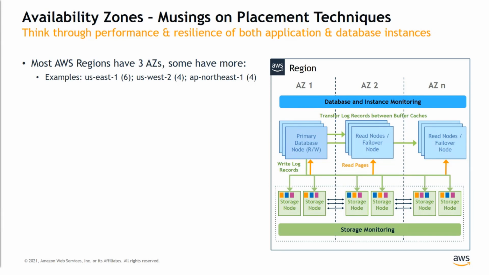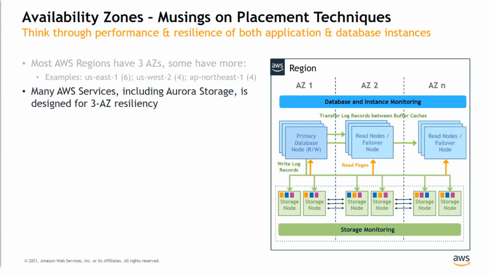We'll probably see over time more regions expanding capacity and having more availability zones. But if you think about AWS services and resiliency, many of them are designed for 3AZ resiliency. So think about Aurora Storage writing the same data, 6 copies across 3AZs. Lots and lots of examples of that in AWS.